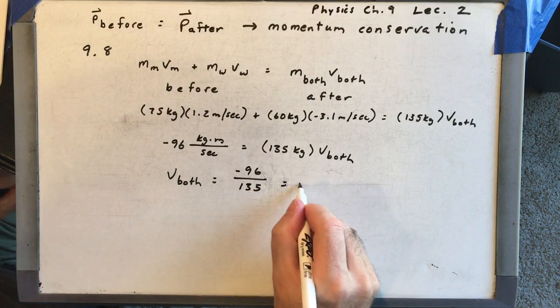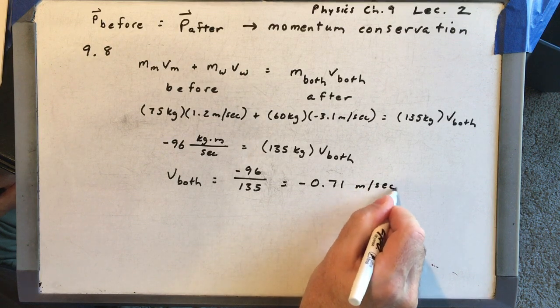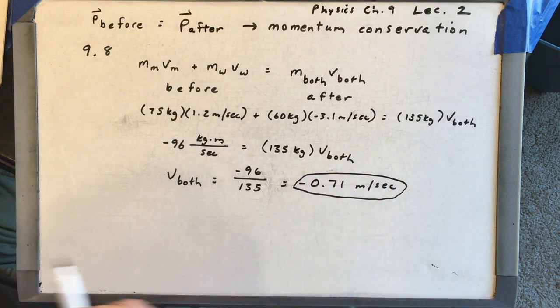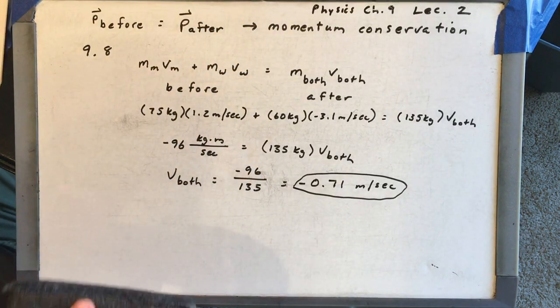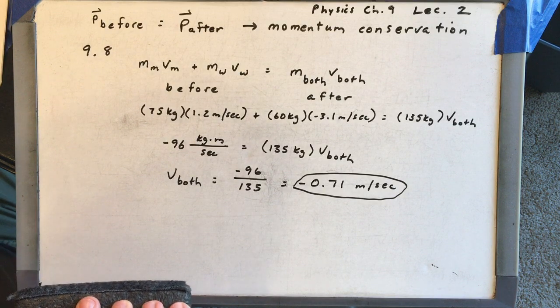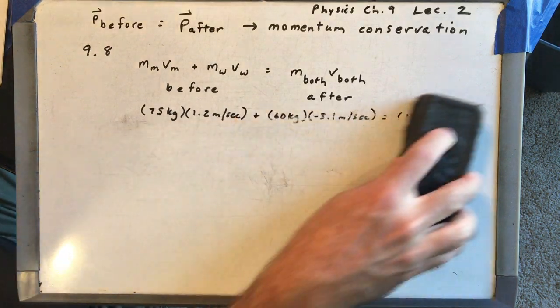And that's going to be negative 0.71 meters per second. All right, so that's the law of momentum conservation. And let's go to the last new topic before Christmas.